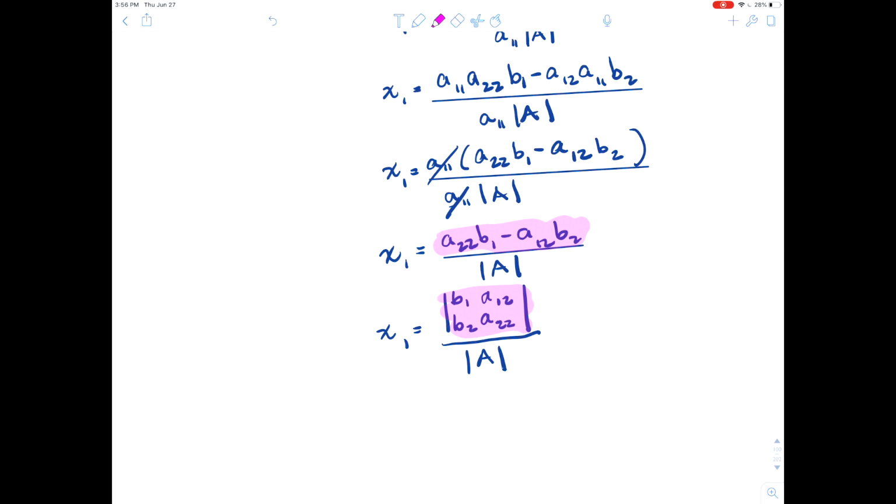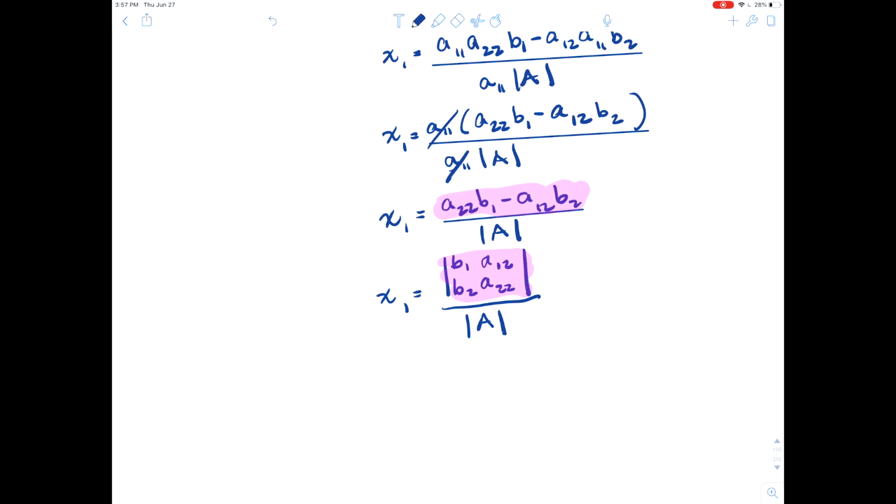Cool, cool. So this is Cramer's rule for 2 by 2s. And they call these matrices that you get in the numerator, they have a subscript on them.